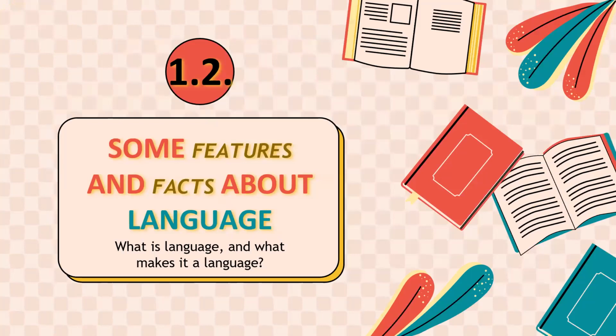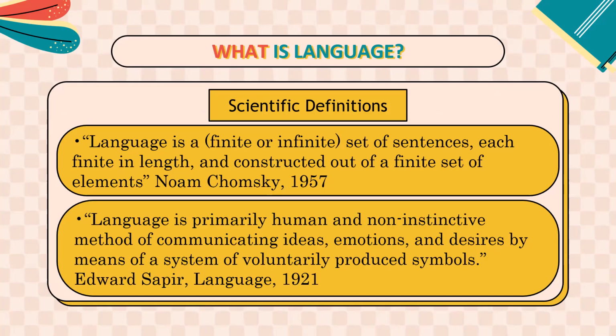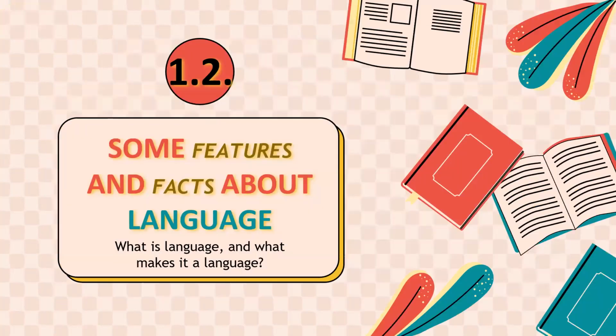All right, I think we finished all the definitions. Here are the most famous and suitable definitions, but you can understand them easily because they are really simple. Although they are scientific definitions, they are kind of simple. Right now, we will be talking about features and facts about language.